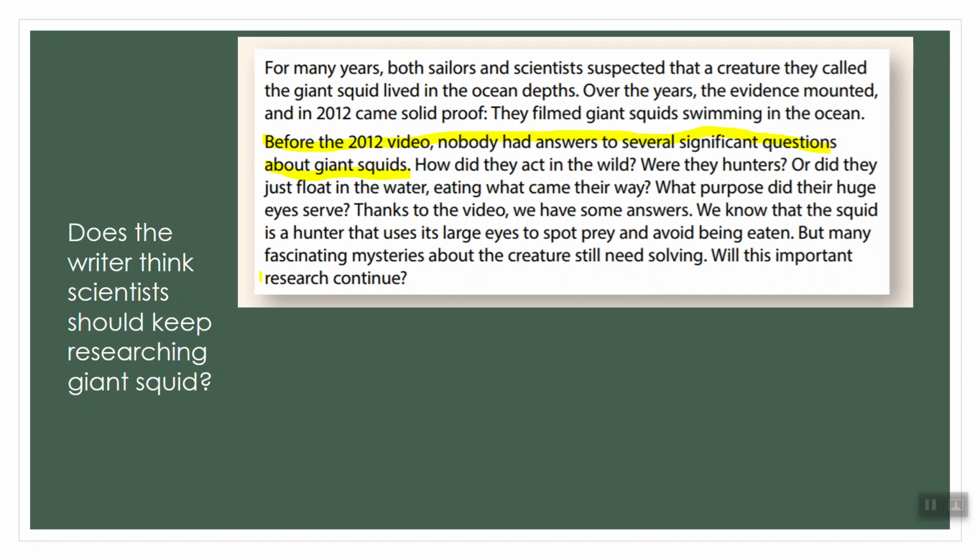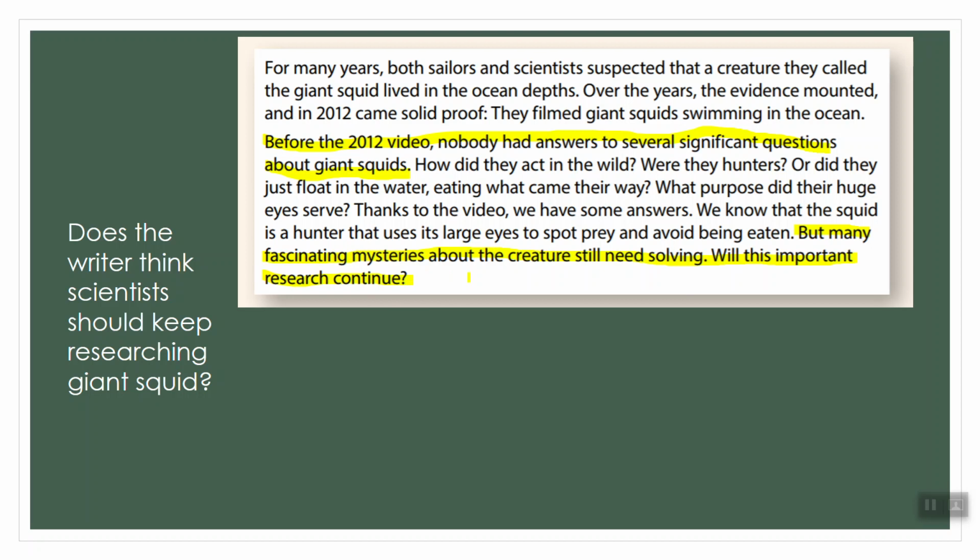But many fascinating mysteries about this creature still need solving. Will this important research continue? I'm going to underline these last two sentences because I think this also helps us make a good inference about whether or not we think the writer thinks the scientists should keep researching giant squid.